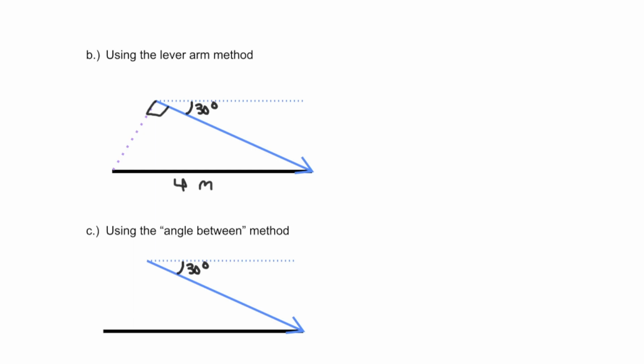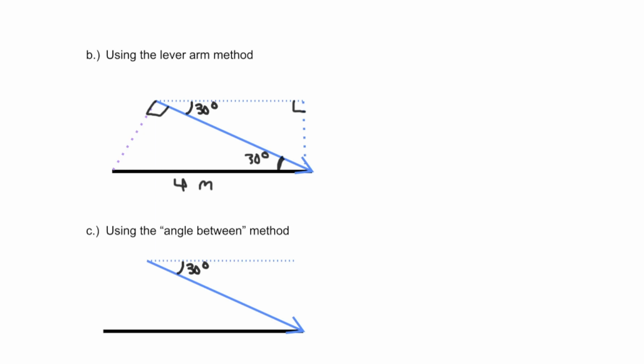And now just by applying some trig relationships, if I drop another line into this here and make a right triangle, we can see that if this is 90 degrees, this must be 60 degrees, which means that this angle right here is also 30 degrees.